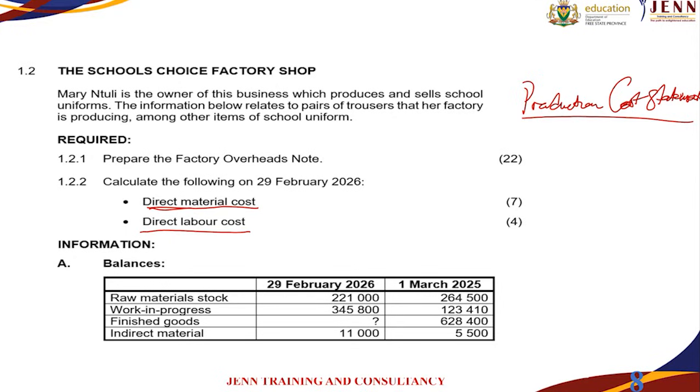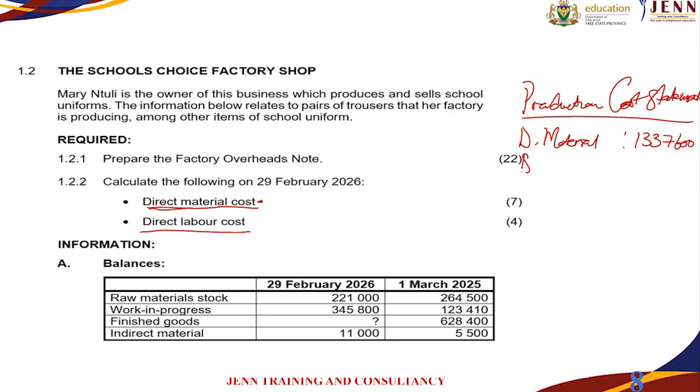Remember, we spoke about the format. Each format starts with direct material. Now, after calculating the amount of direct material that we got here, it must be transferred to the statement, meaning that amount will be 1,337,600, which is the one that we have calculated.